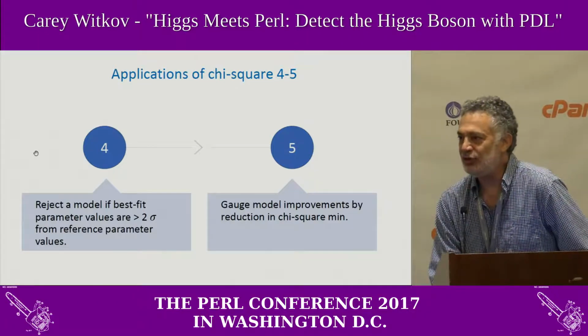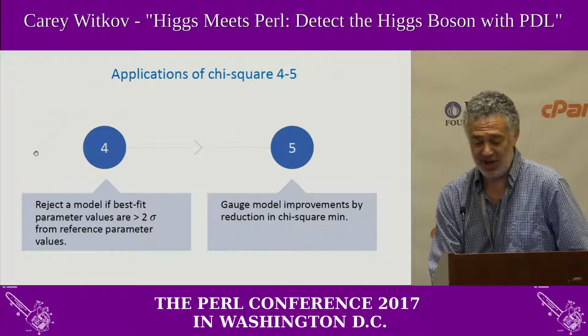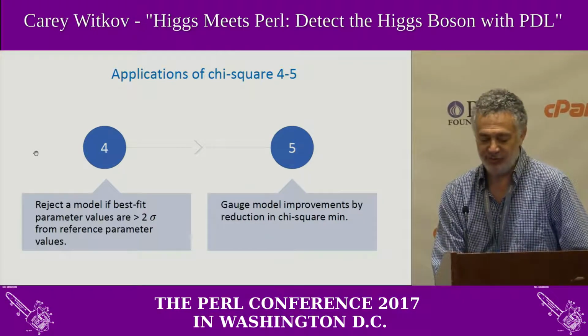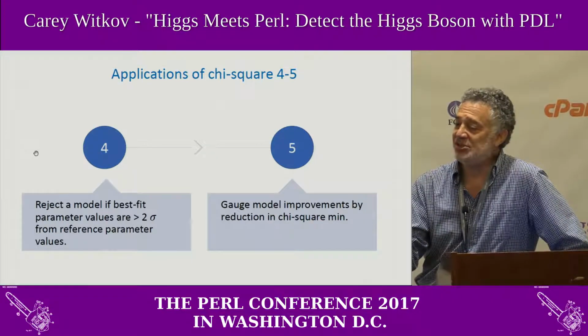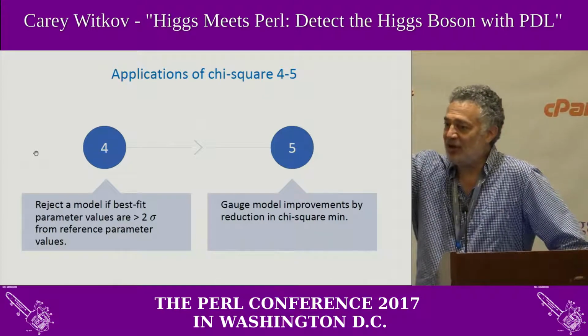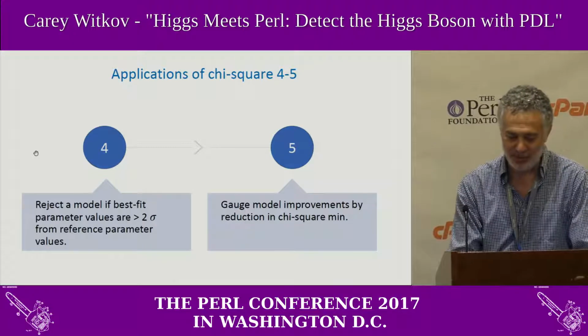And one of the most useful from both a scientific and a pedagogical standpoint in teaching, gauge model improvements by reduction of chi-square min. If the criterion for a good fit is chi-square min close to n, then if we revise the model, we get a closer chi-square min to n, we've got an improvement, a better model.